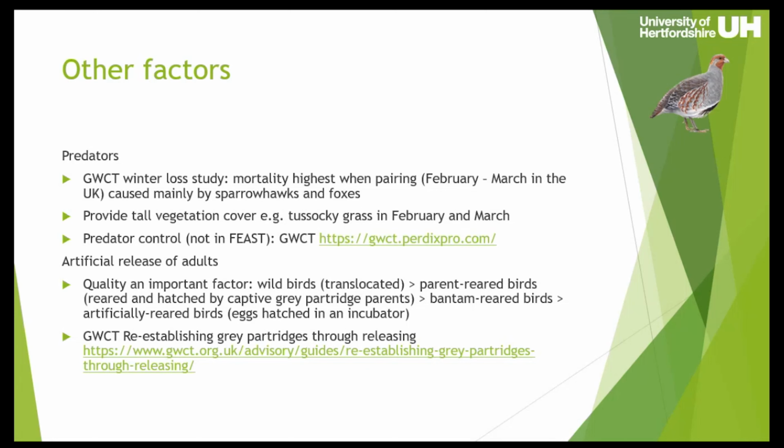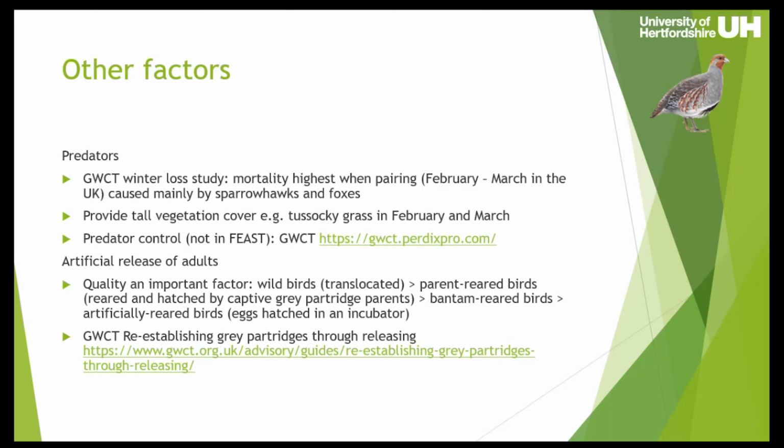We'll focus more on the habitat suitability side of things and be linking it all together throughout the course of the life cycle. There is also another aspect in terms of the type of adult if they are artificially released. So if you translocate wild birds, they tend to have much higher survival rates compared to, for example, birds that are reared in captivity.